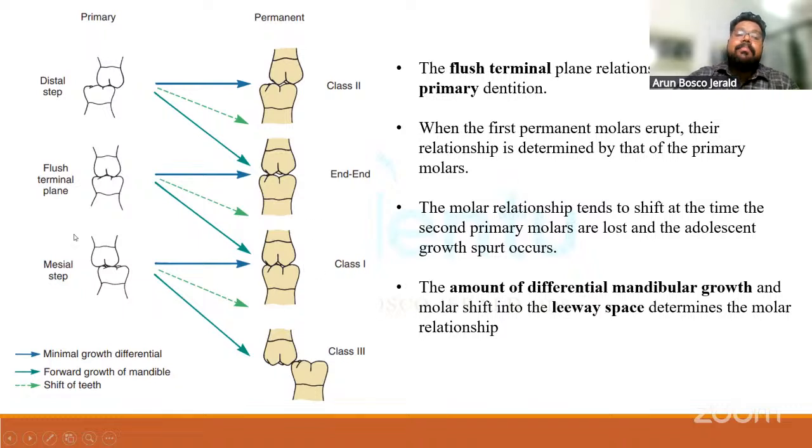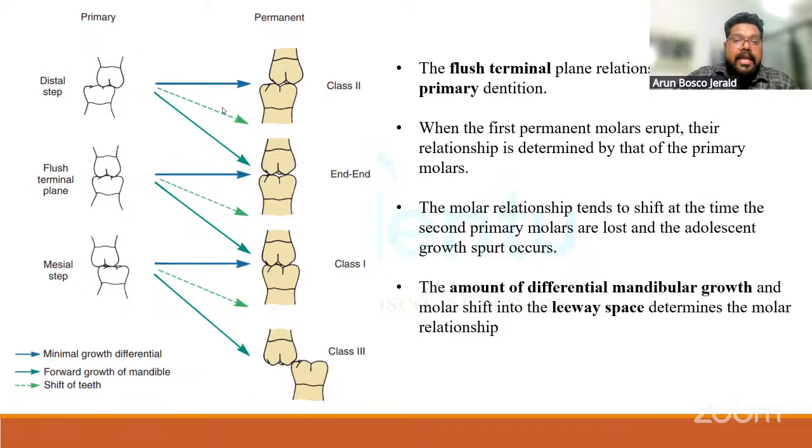Now, what happens with the mesial step and distal step? With a distal step, the distal surfaces of the deciduous molars have a distal step, which means the permanent first molar will erupt in a distal relationship, which gives a distocclusion or a class 2 molar relationship.